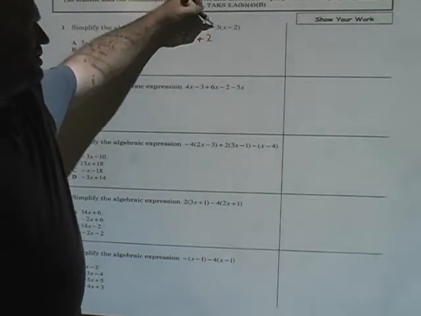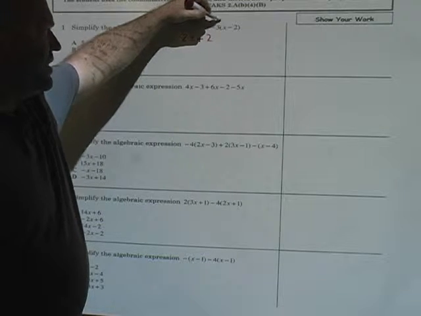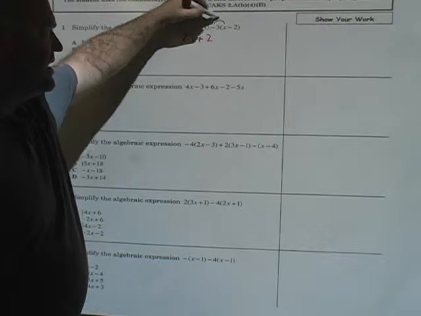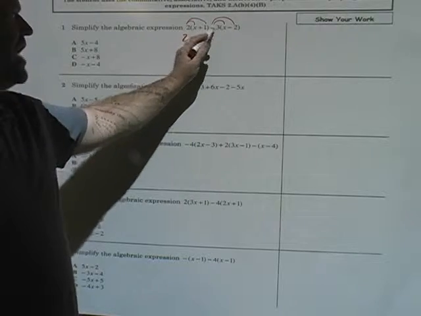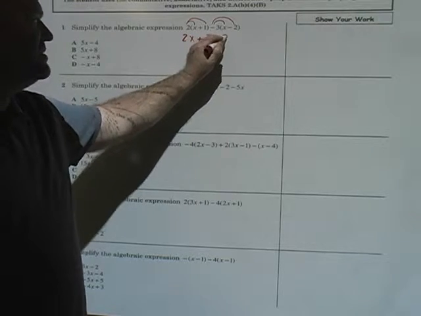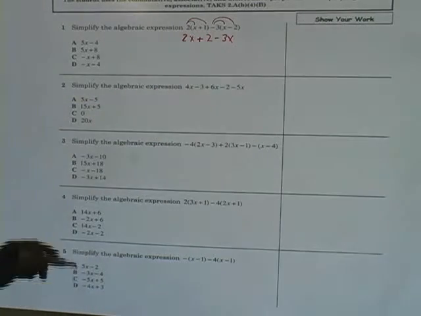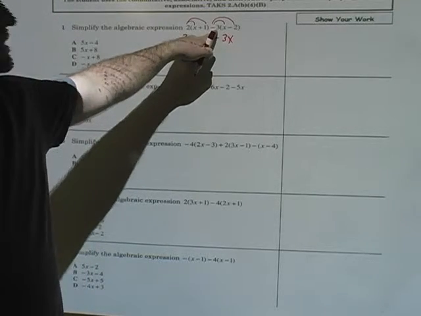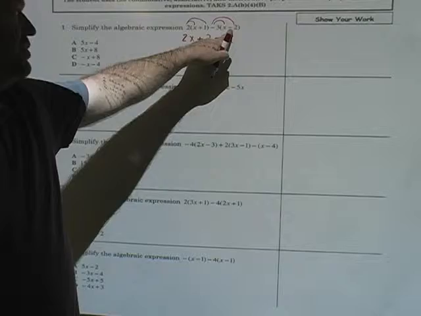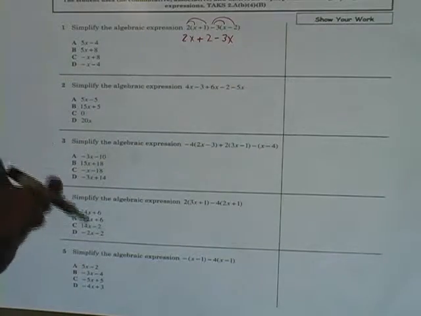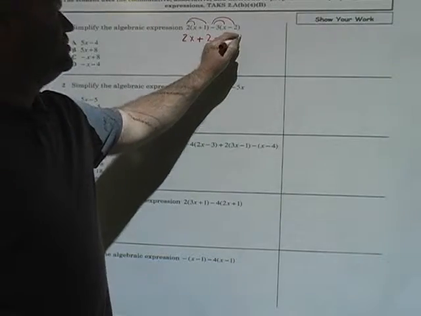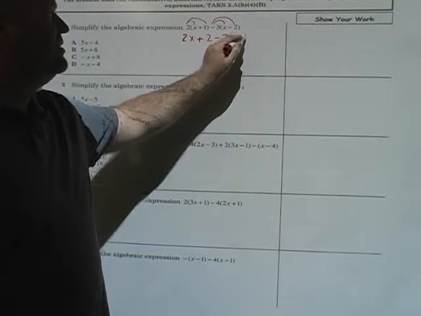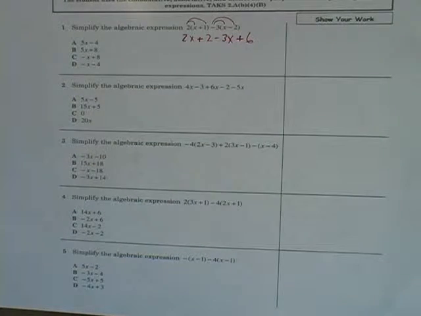So what you're really doing is you're taking negative 3 times everything inside here. So negative 3 times x is minus 3x, and negative 3 times negative 2, negative times negative is positive, so you get a plus. 3 times 2 is 6.